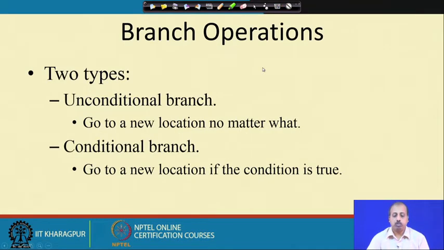Next, we will be looking into another category of instructions known as branch instructions. You can broadly divide them into two categories, unconditional branch and conditional branch. In case of unconditional branch, when this instruction is executed, the processor is told to go to the new address irrespective of the previous value.